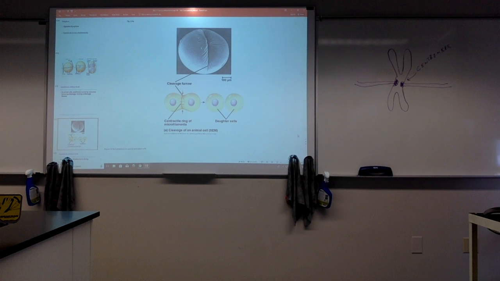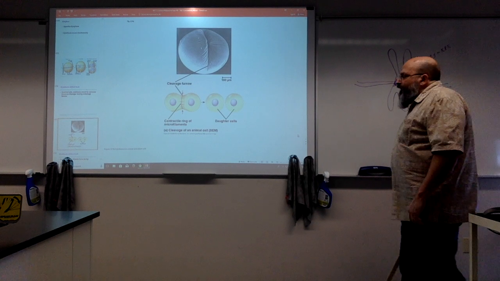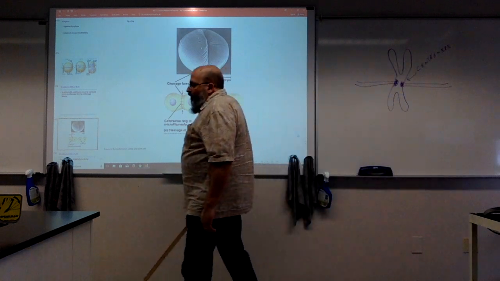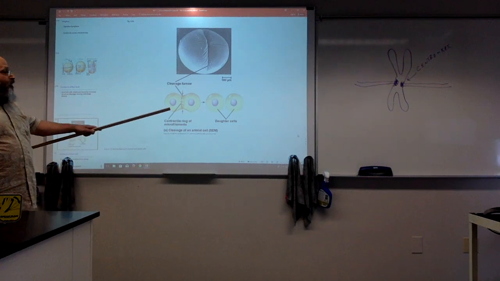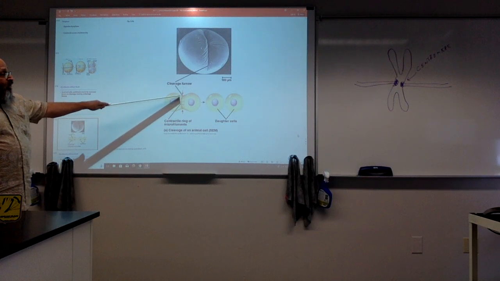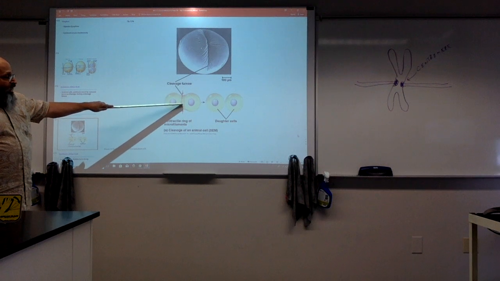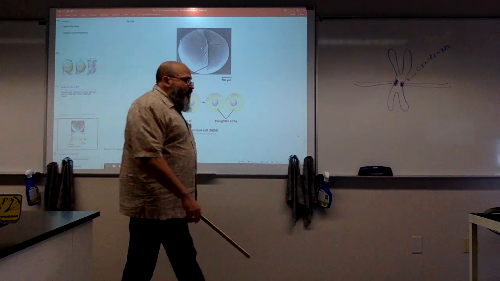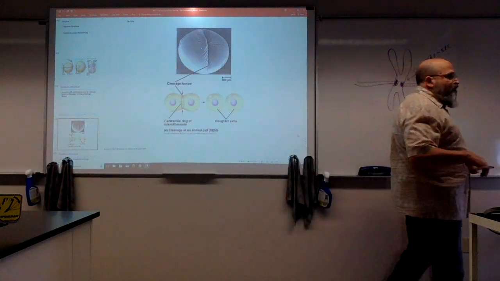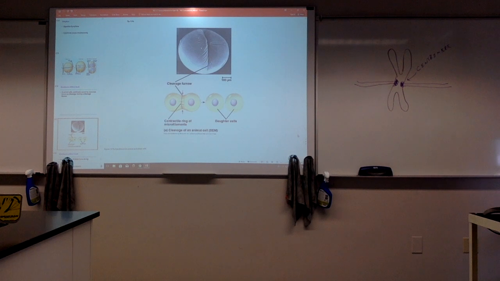Those are microfilaments that form the cleavage furrow. Okay? A contractile ring of microfilaments, and that's going to work like a drawstring, and it's going to contract and contract and contract until the cell pinches into two cells. Okay?